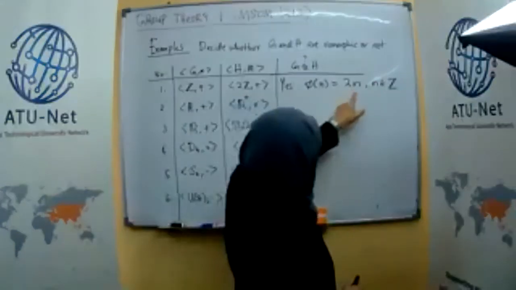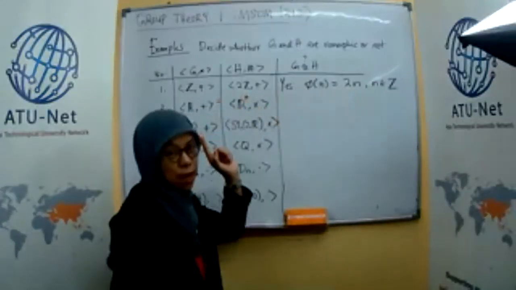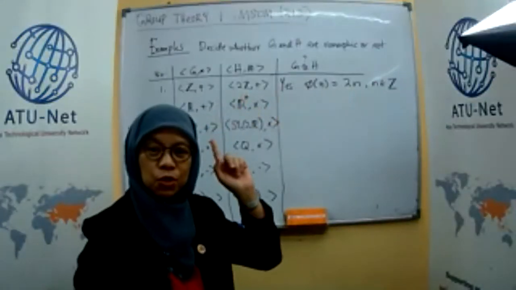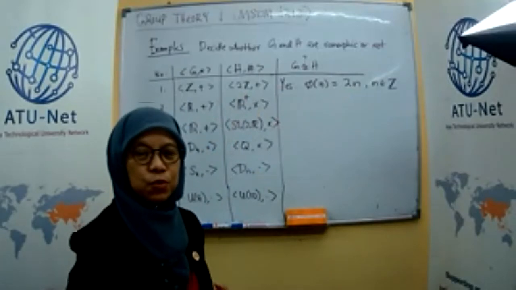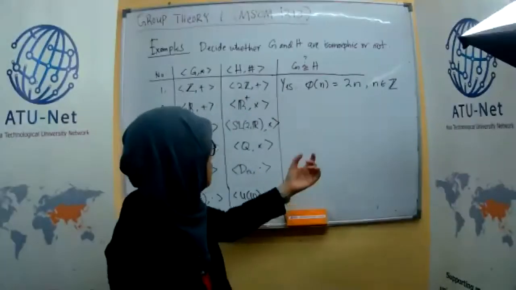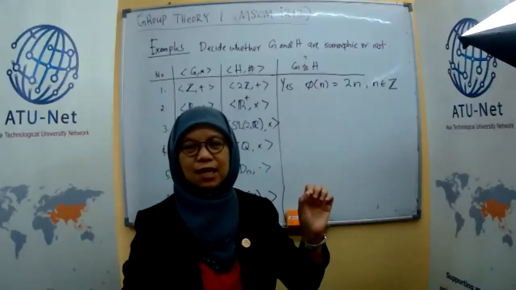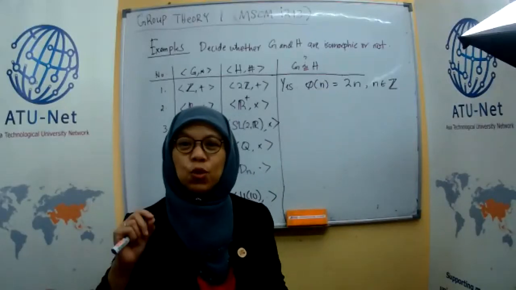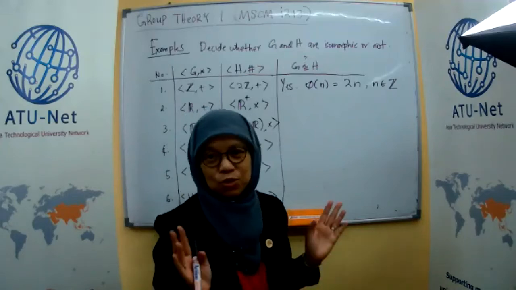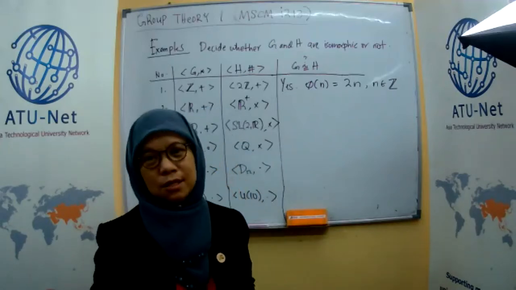And the image 2n is in 2Z. So it's well defined, right? The first one is one-to-one because if phi n equals phi m, so 2n equals 2m, divide by 2, so n is m.